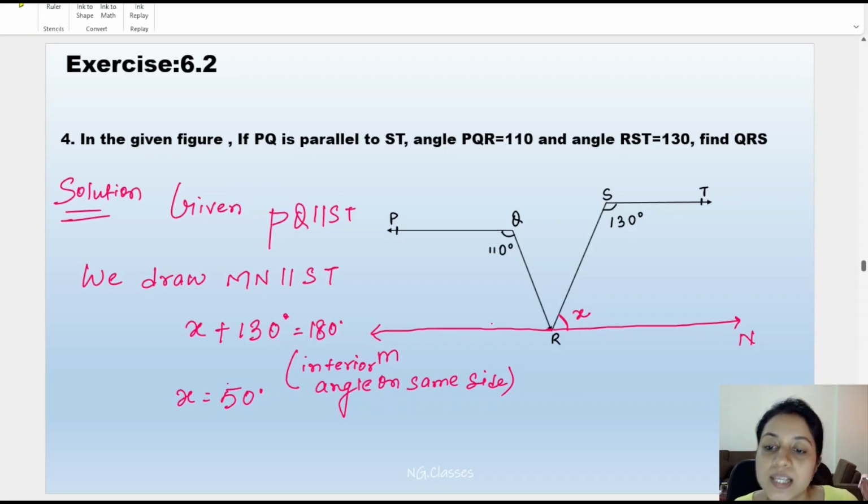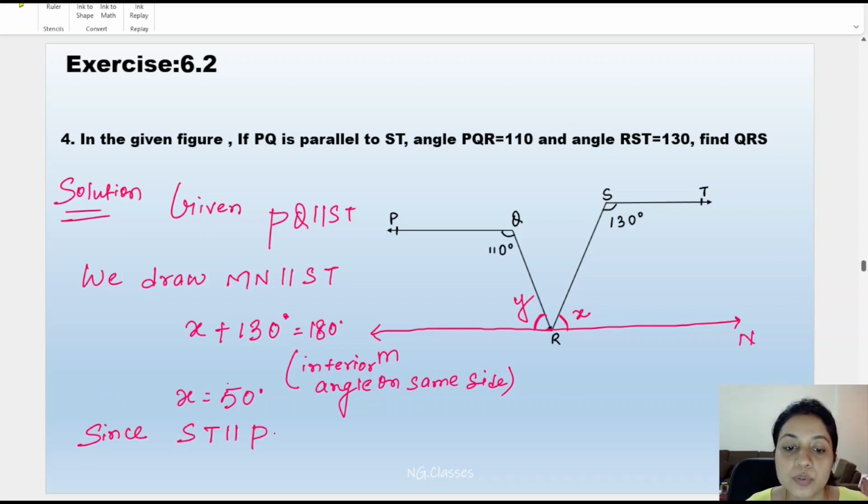Now similarly, let's say the other angle on the other side of angle R is Y. Since ST is parallel to MN and PQ and ST are parallel with each other, can we say all these three lines, that means ST, PQ and MN, are parallel with each other? Since ST is parallel with PQ and it's parallel with MN, all are parallel with each other just by the previous theorem.